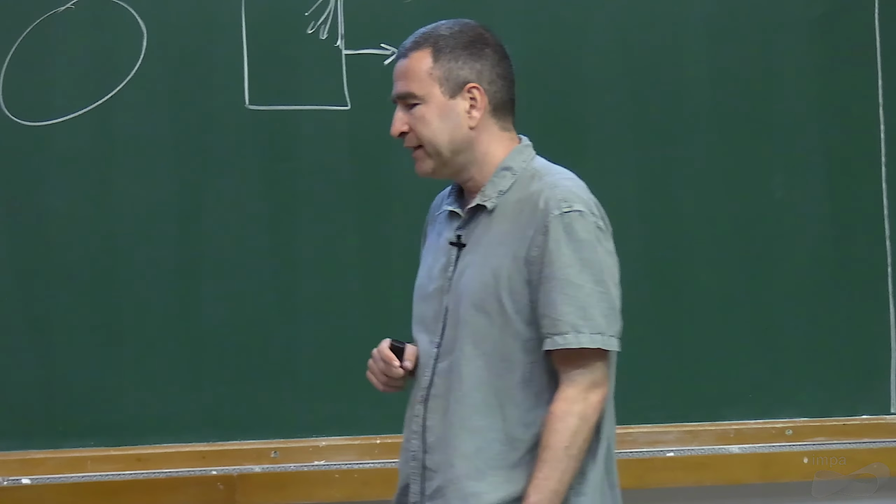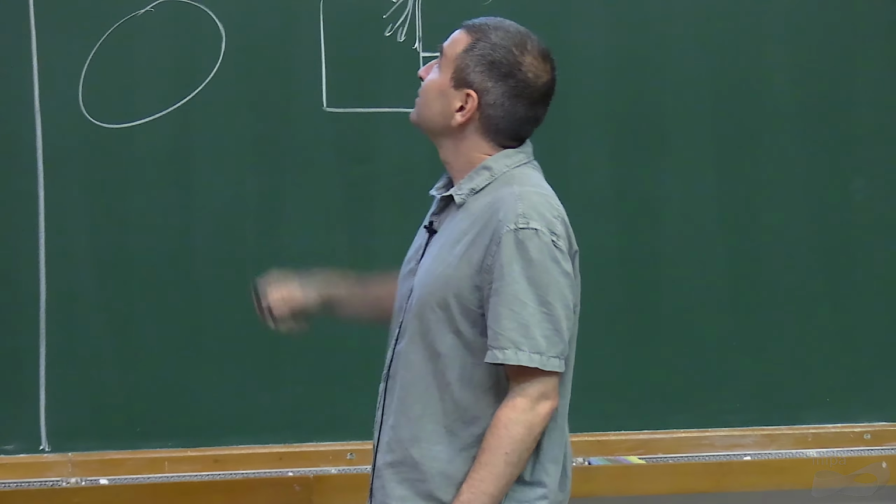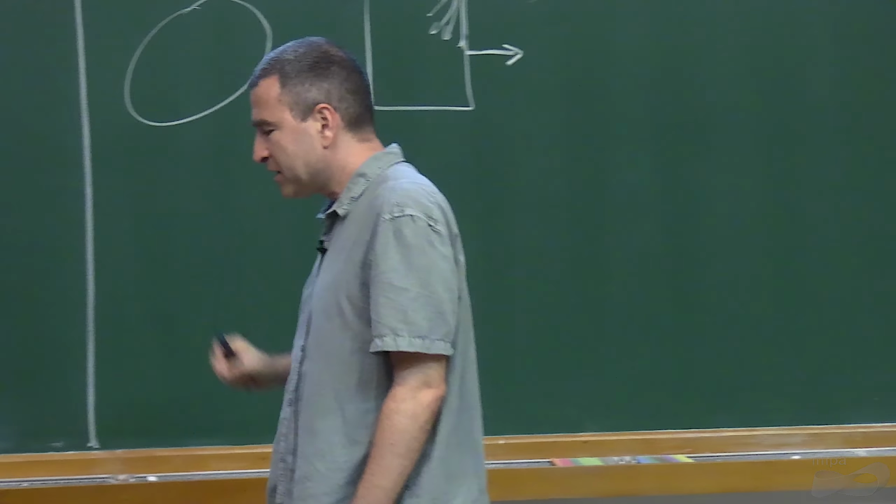OK, as a motivating question, let's refine the original question that we started with. Instead of asking in general what could be said about the symplectic image of the ball, let's focus on this special case.